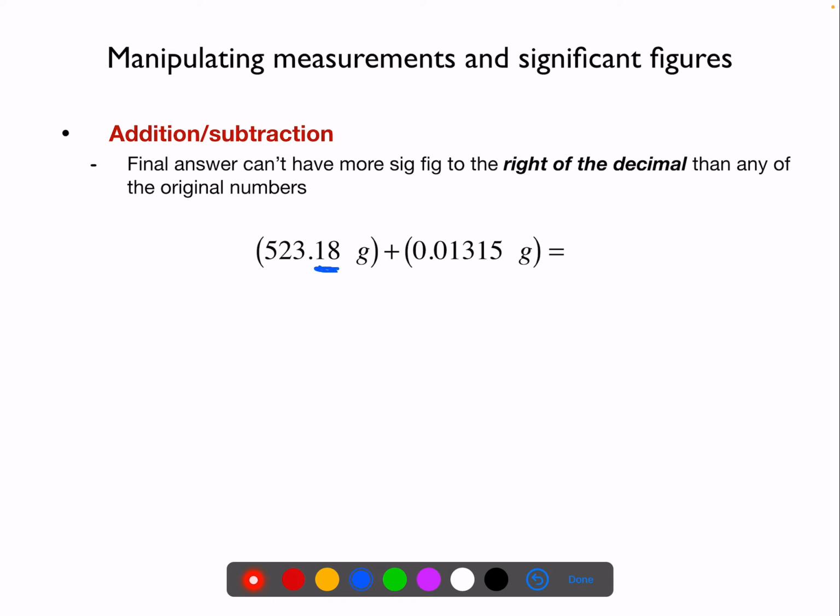Here we have 2 decimal places, and here we have 1, 2, 3, 4, 5 decimal places. So our rule says we can't have more sig figs to the right of the decimal than any of the original numbers. And so we only have 2 here, and so our final answer can only have 2 decimal places. And so we're going to have to report this to only 2 decimal places.